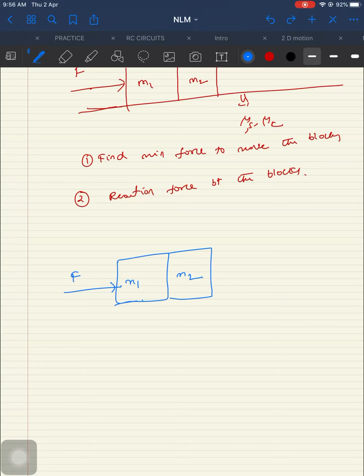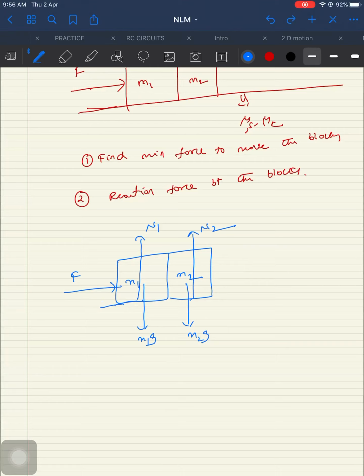Normal is vertically upwards: n1 on this block, n2 on the other. The downward forces are m1g and m2g.